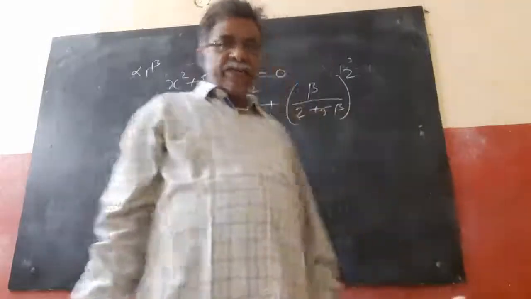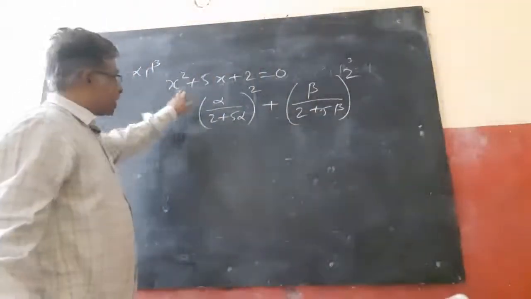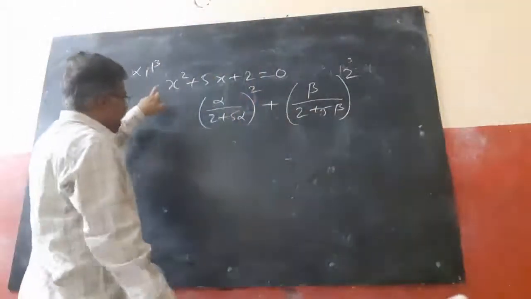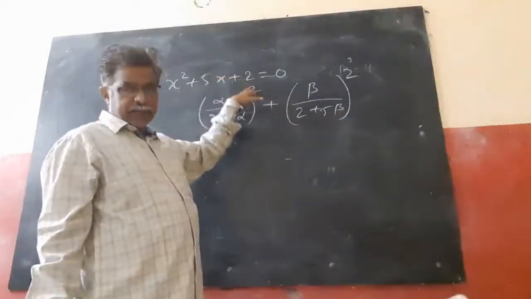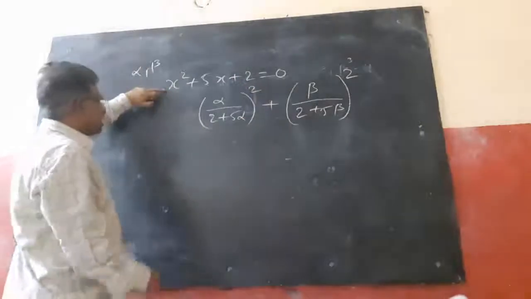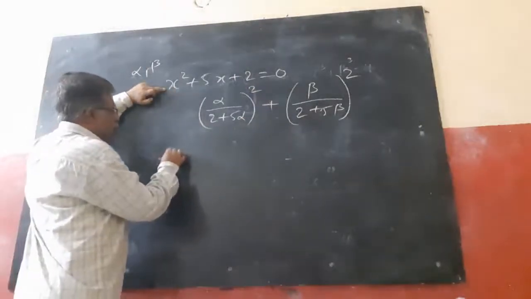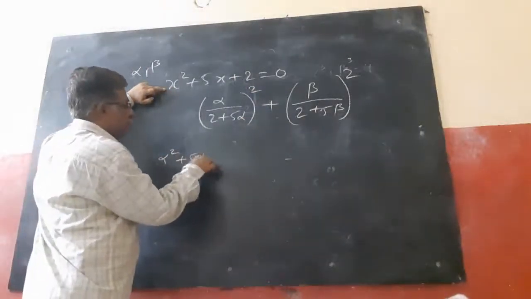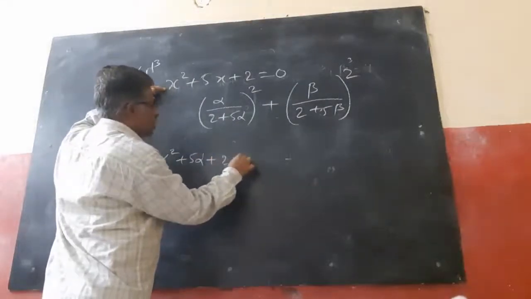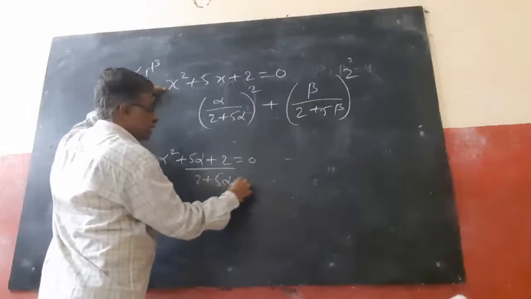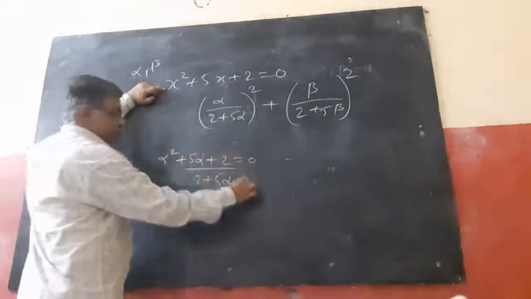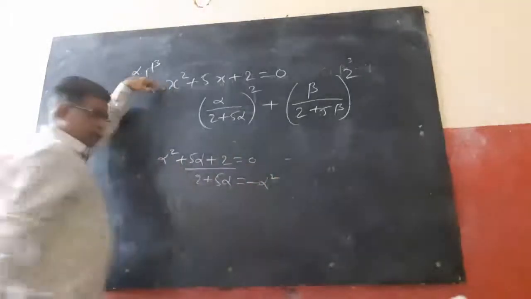Think logically, very simple. He is saying that alpha, beta are the roots of the equation. Means alpha should satisfy the equation as well as beta should satisfy the equation. So if I substitute here alpha, what do I get? Alpha square plus 5 alpha plus 2 equal to 0. Means 2 plus 5 alpha is nothing but, alpha square goes to the side, minus alpha square.